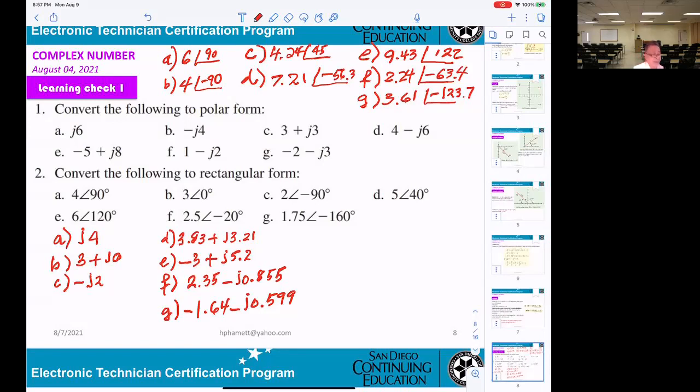Okay, up to this point, any questions for me? If you understand this, when you want to solve an AC problem, you had better use complex numbers. It's easier for you.